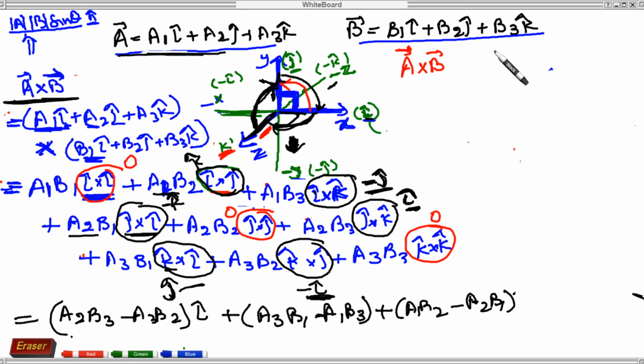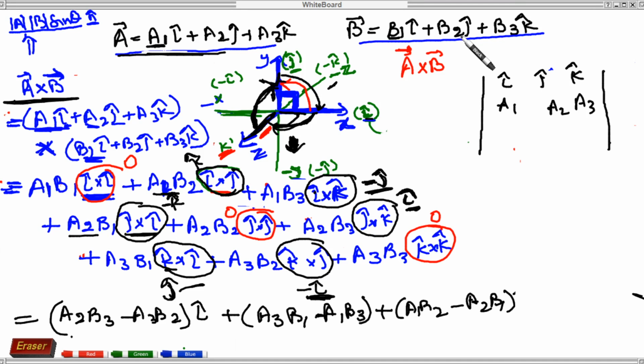You write the determinant like this: i, j, k in the first row, then A1, A2, A3, then B1, B2, B3.